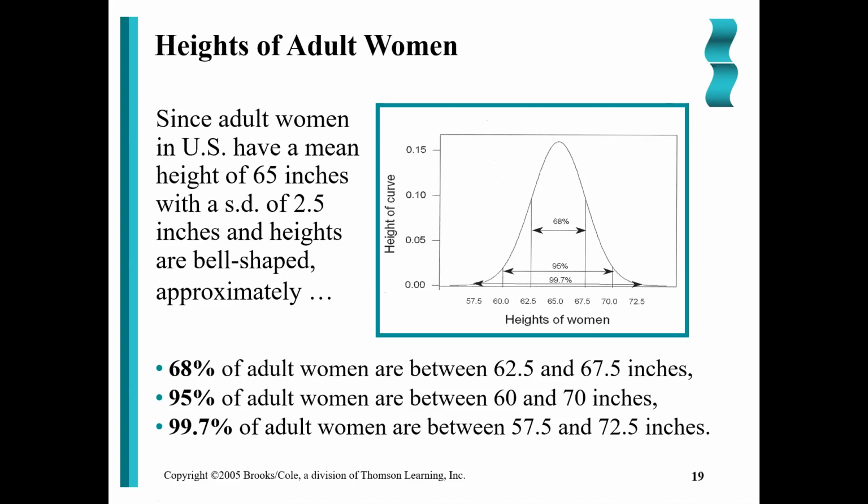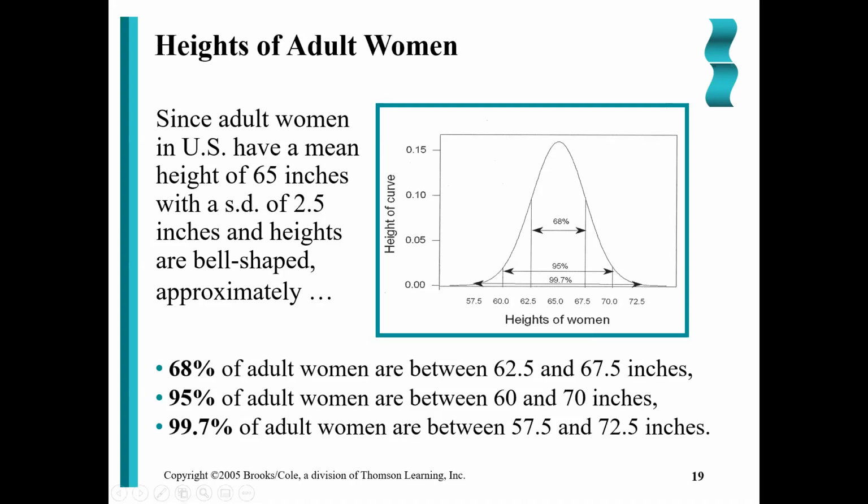We add 7.5 to 65, we get 72.5. We subtract 7.5 from 65, we get 57.5. And we would say 99.7% of the data is between 57.5 and 72.5 inches. Or 99.7% of adult women have heights between those two heights. Okay, so that's basically how it works.